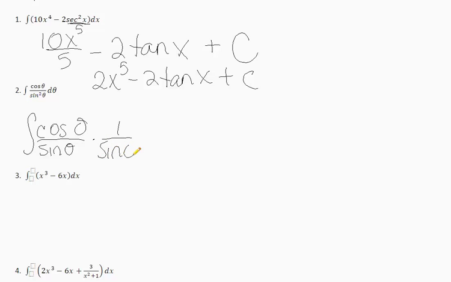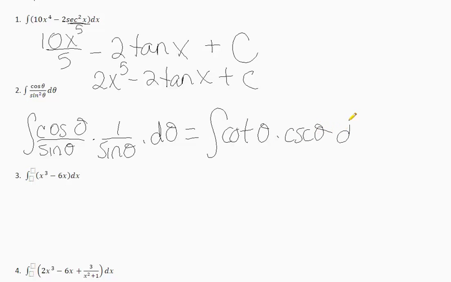All I did was split up the sine squared. Then cosine over sine is cotangent, and 1 over sine is cosecant. What's the antiderivative of cotangent times cosecant? It would be negative cosecant, and then plus c.